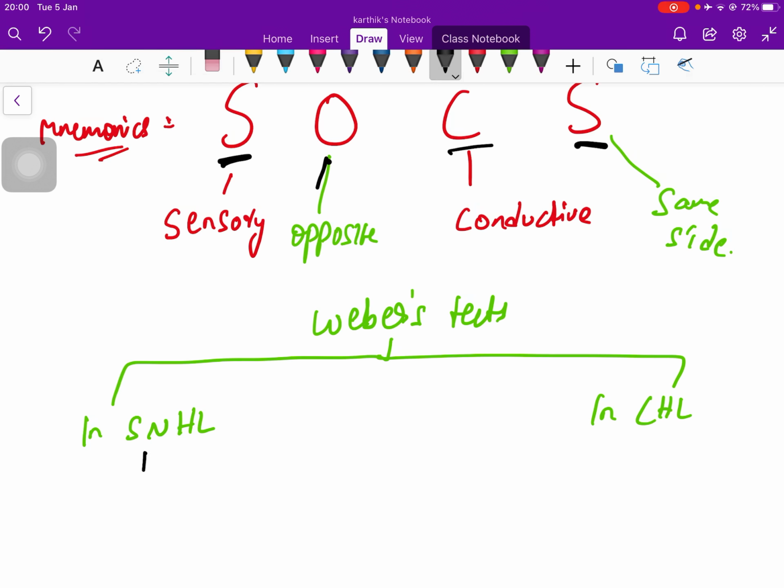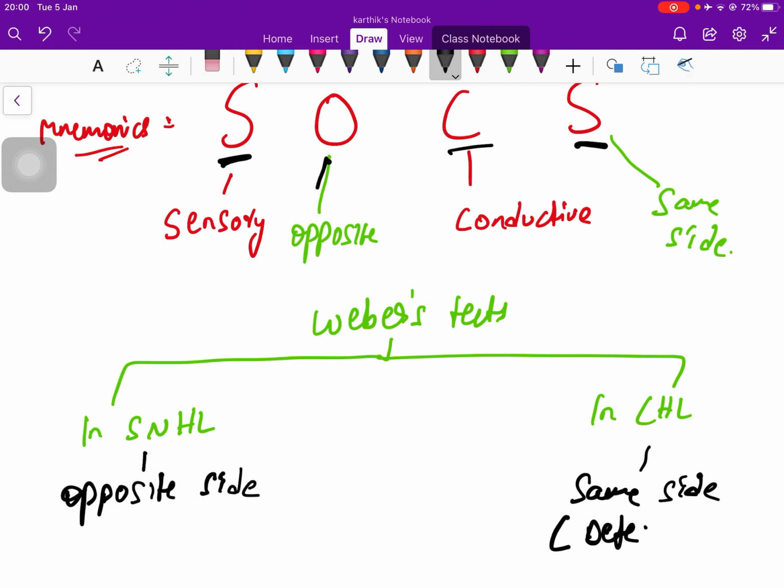For sensory, it is lateralized to the opposite side. For conductive, it will be on the same side. Same side means the defective ear. For example, if you have a right ear problem, the defect is on the right ear. That means the sound lateralizes to the same side, that is, to the right ear.